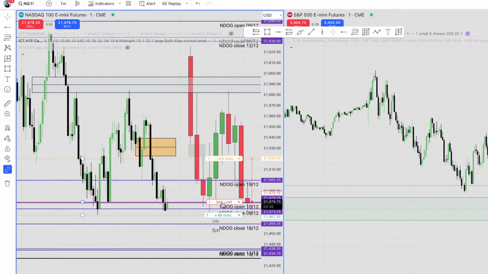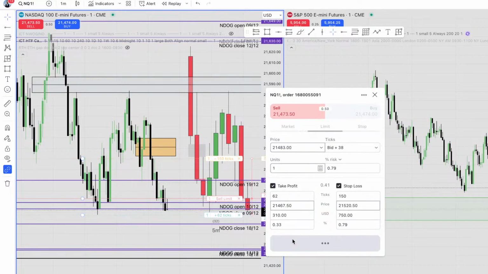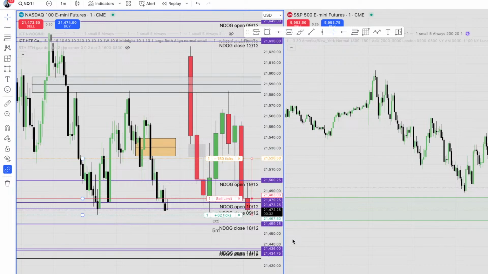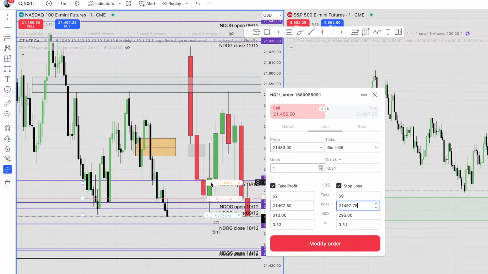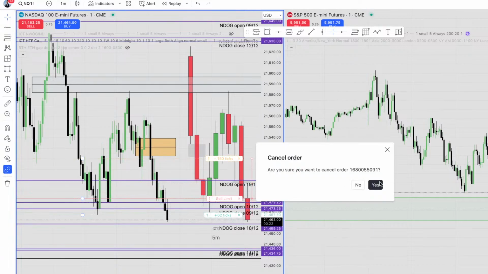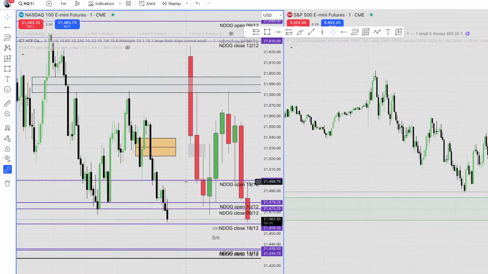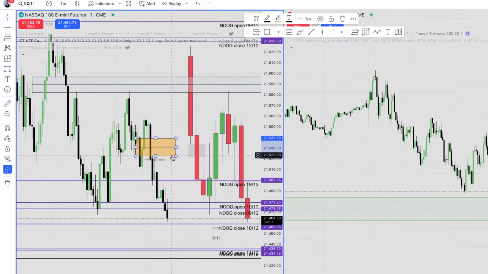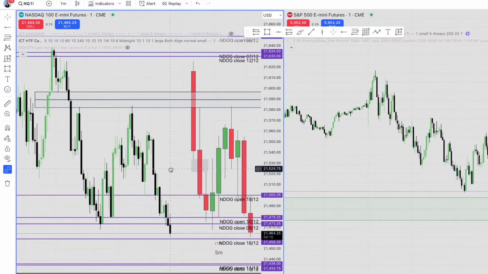But it's going to respect this volume imbalance. Yeah, this is just sad to watch. I will take my entry off. This was a close one, a really close one.